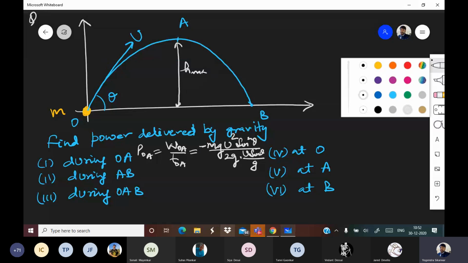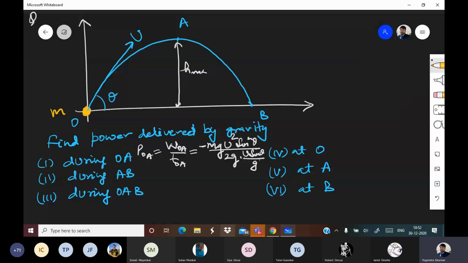Okay. So this G will get cancelled. This U will get cancelled. This sine got cancelled. What is left with you? So that will be minus mgu sine theta upon 2. That is the answer. Samarth, your answer first was correct.